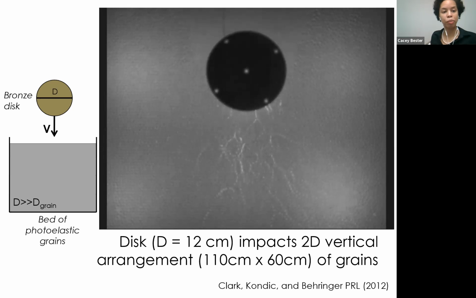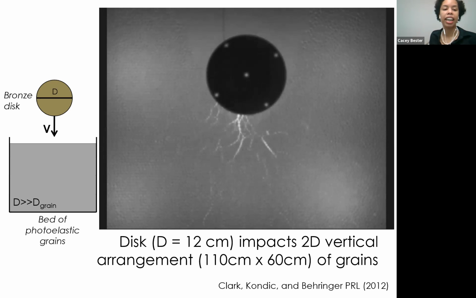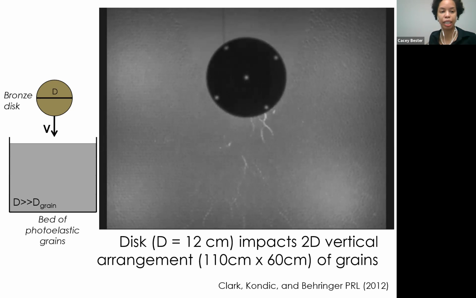So you would still observe these force chains that we're seeing here in the impact experiment. And that's a feature that's robust to granular systems.